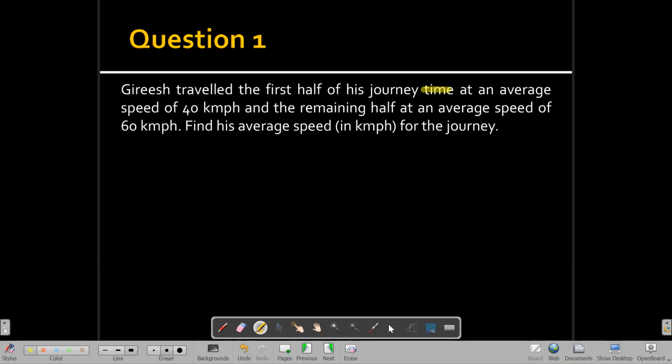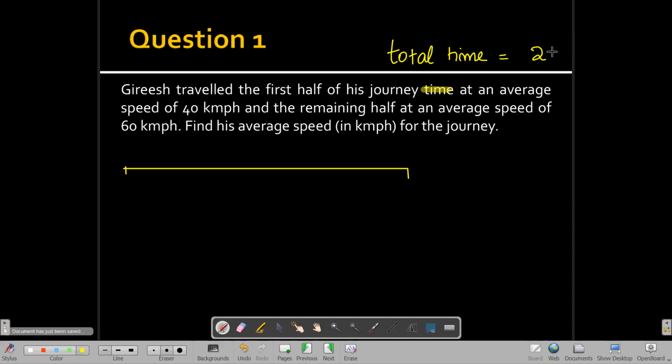So, when we are considering this question here, assume that the total time is equal to 2t hours.